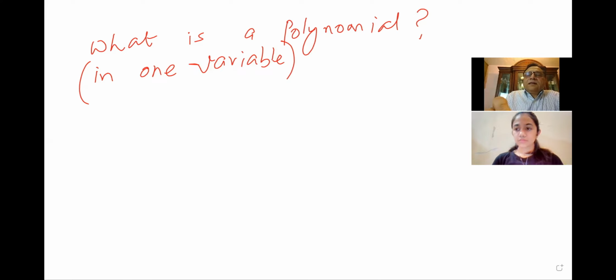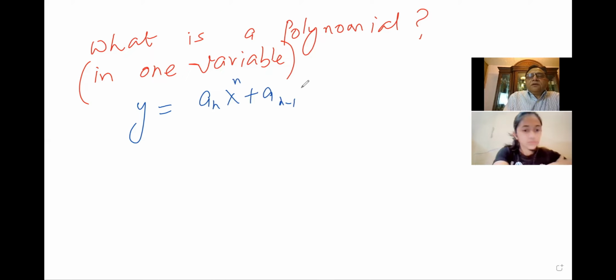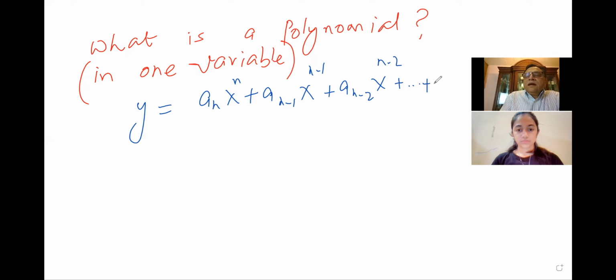And we will write a polynomial in one variable as y equals a_n x to the power of n plus a_(n-1) x to the power of n minus 1 plus a_(n-2) x to the power of n minus 2 plus so on, and then we have a_1 x plus a_0. Do you understand?